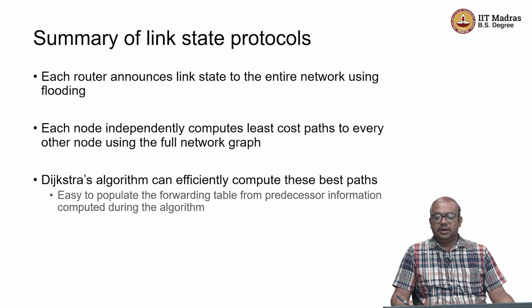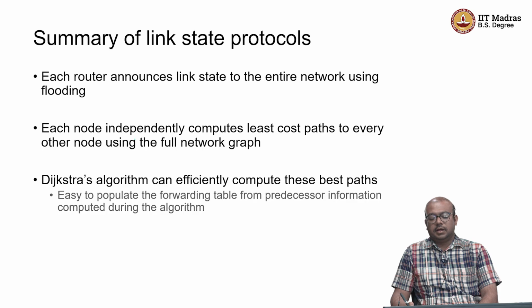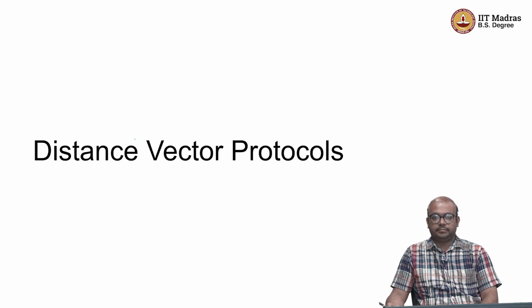Every node has a complete picture of the entire network. Distance vector routing protocols are cheap in terms of communication overhead, but there are other issues that we are going to see. So, next we are going to look into distance vector routing protocols.